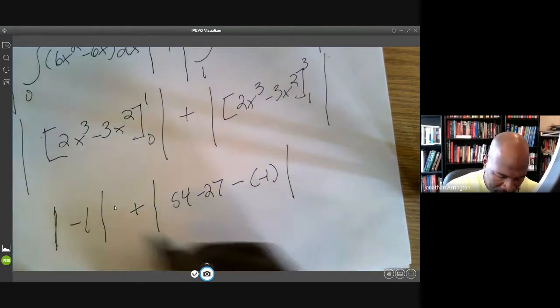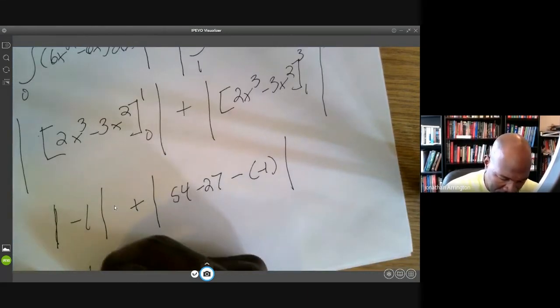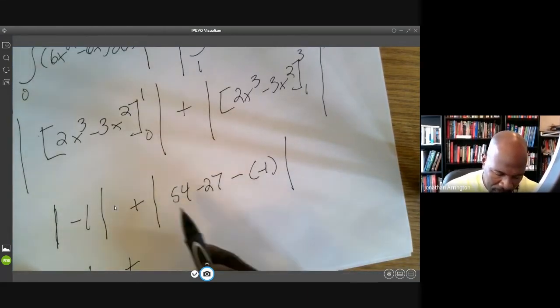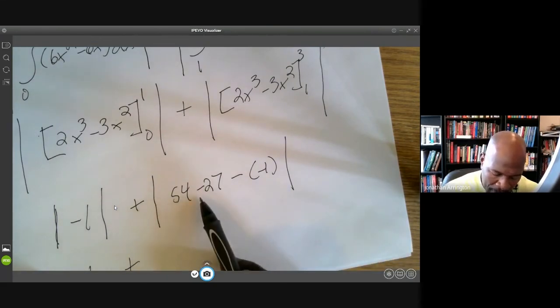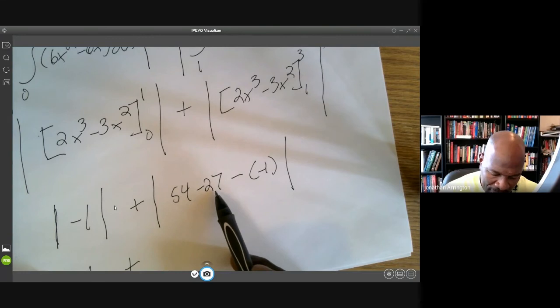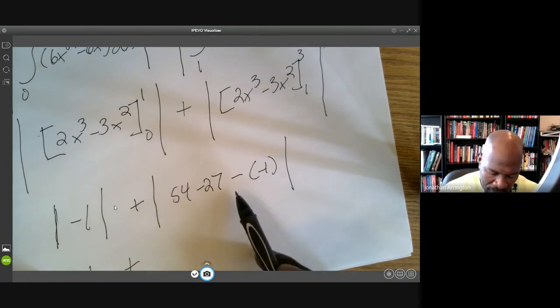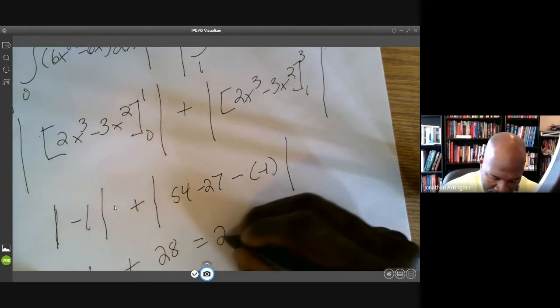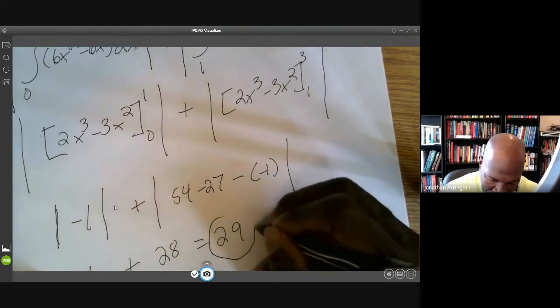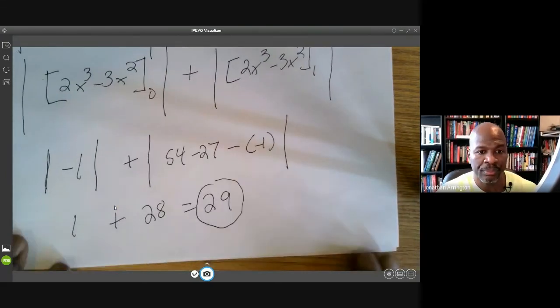So let's take the absolute value of negative 1, which is 1. And this one, we're not going to need to take the absolute value because it's going to be positive. So 54 minus 27 is 27. Minus negative 1 is plus 1. So this is 28. And so the area between this curve is 29.